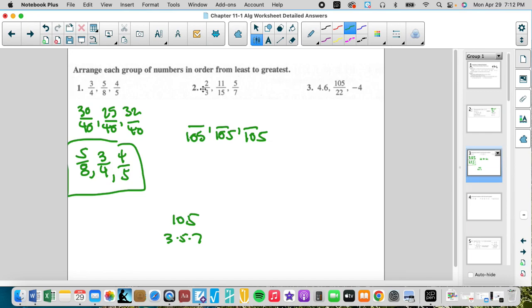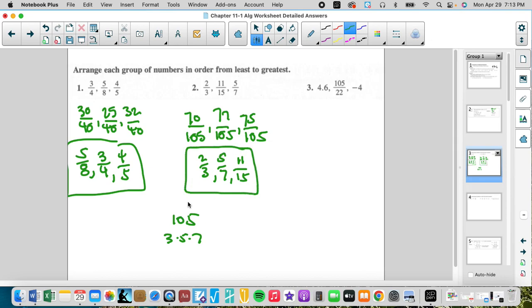So 2/3 is 35 twice, which is 70, so 70 over 105. 15 is 3 times 5, so 7 times 11 is 77 and 15 times 5 is 75. So those are our three, and we would have 2/3, 5/7, and 11/15. Notice how we used prime factorization to find the LCM.